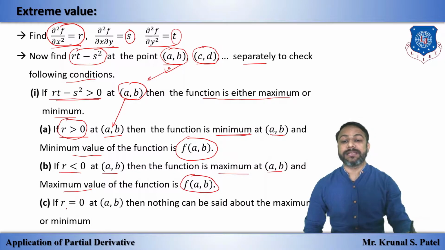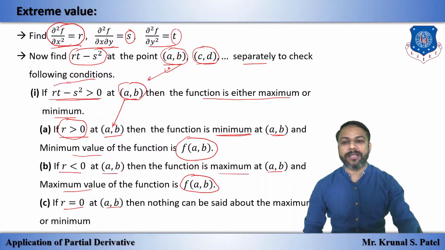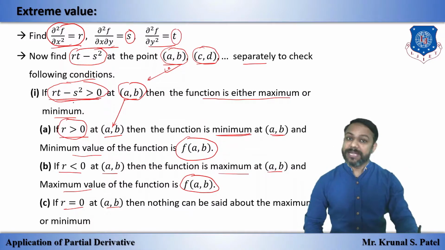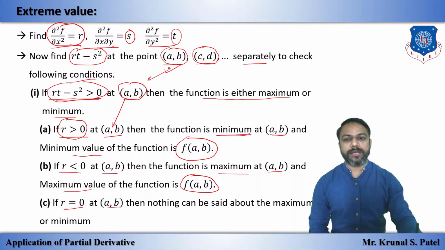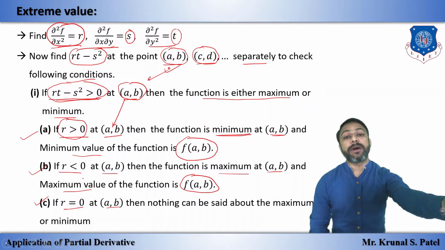But if r is equal to 0 at point (a, b), then nothing can be said about the maximum or minimum. Okay, so if rt minus s square is greater than 0, then we have to check r, only r at the same point, and whichever of these three cases applies.